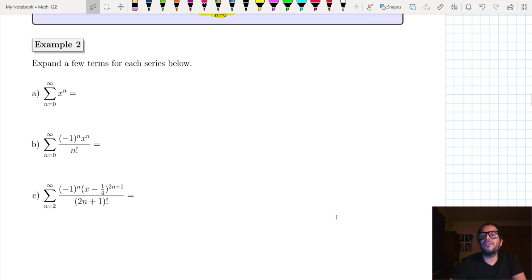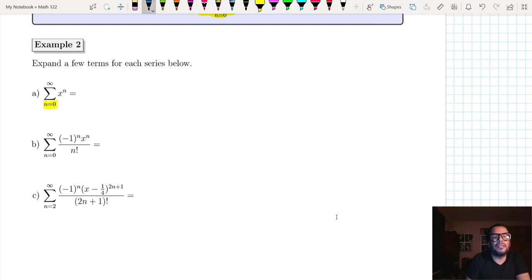We're not going to calculate them, or rather find them from a given function f of x. We're actually given the series here. Just to have some fun, they're asking us to evaluate a few terms. So we start our lowest limit at n equals 0.